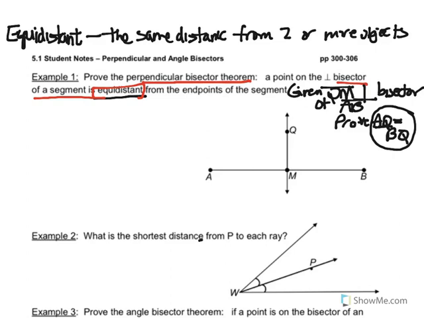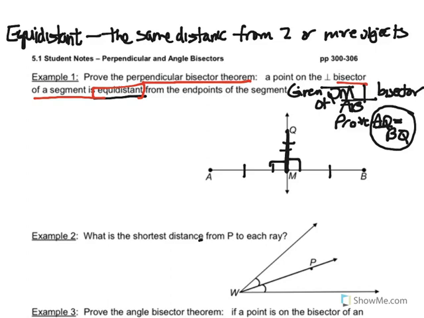And so here's going to be our plan. Let's map out a plan. If we have a perpendicular bisector, then we know we're going to end up with right angles, right? And we know we're going to have congruent segments here. And we know that we can use the reflexive property to get this line segment congruent.